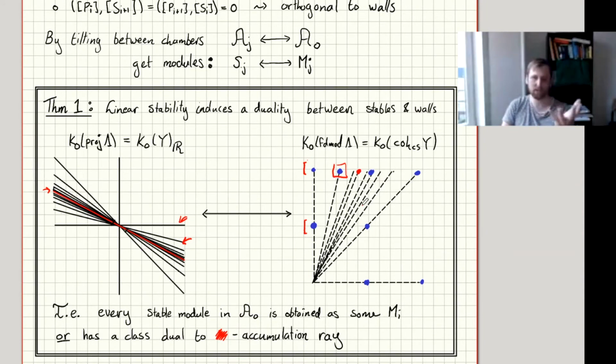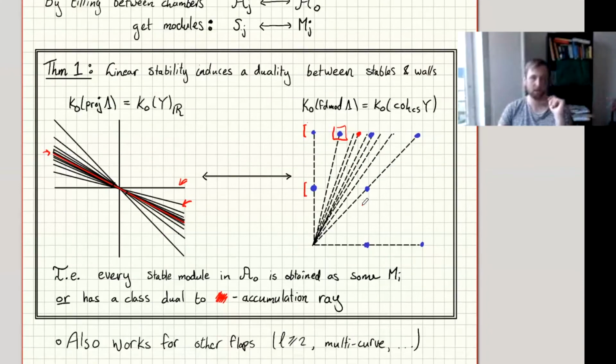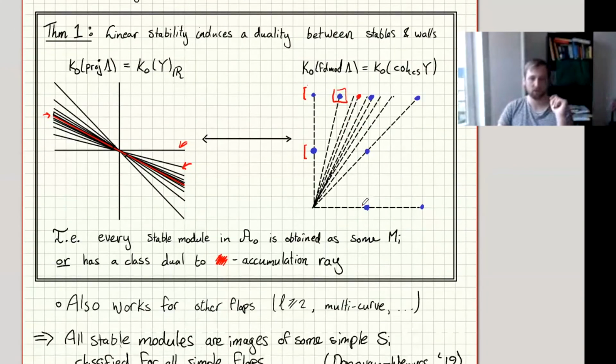That completely gives you all the semi-stable objects in your chamber. So that's great, that's the full picture. Everything is obtained as some sort of stable, simple object and some hard ones.